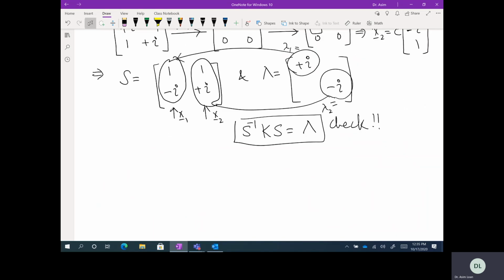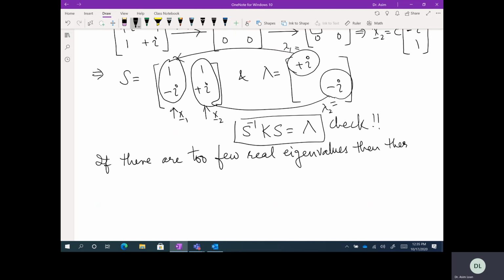So if there are too few real eigenvalues, then there are always n complex eigenvalues.